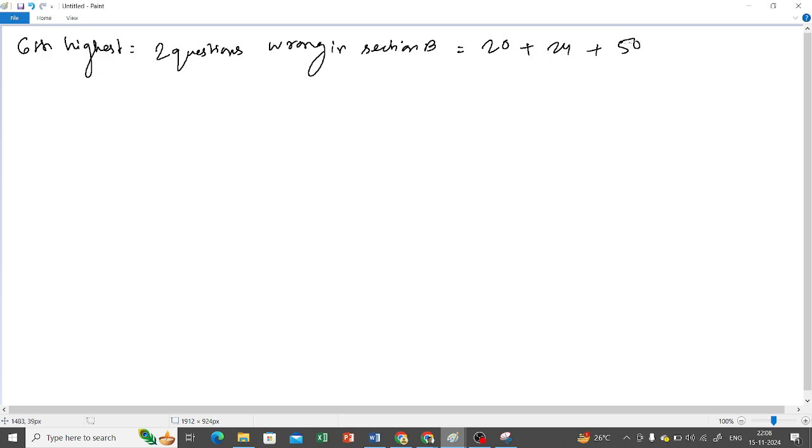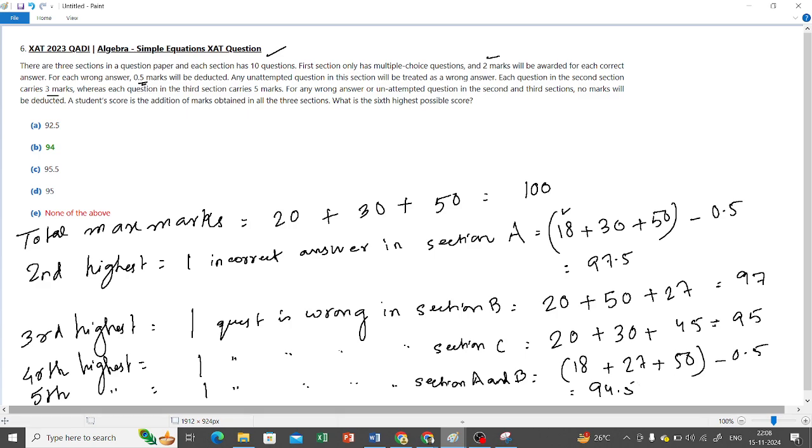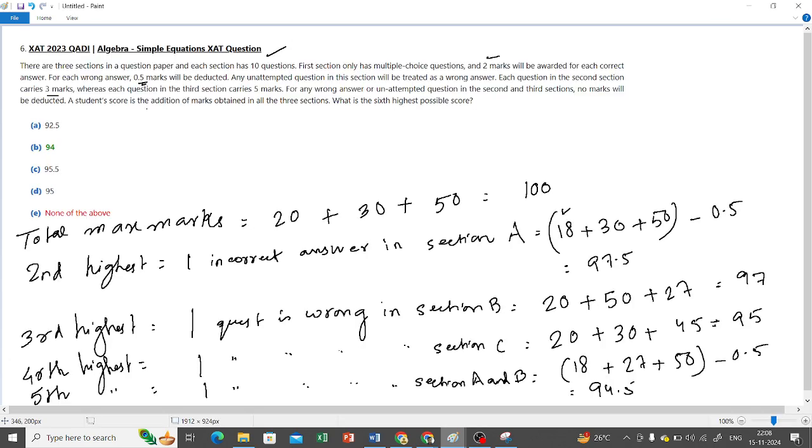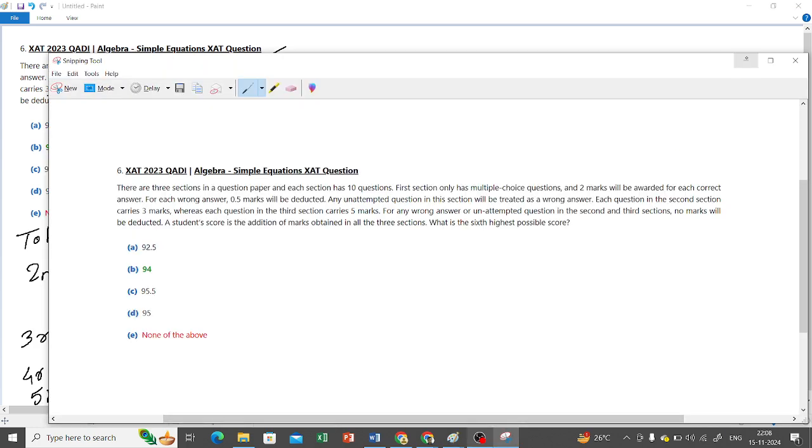All questions correct in section C, that is 50. That is going to be 94. You see the previous one was 94.5. So the next biggest one should be 94. So that means 94 is the sixth highest. Did you understand?